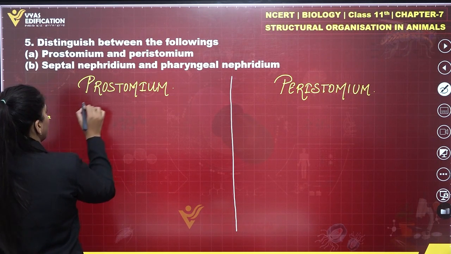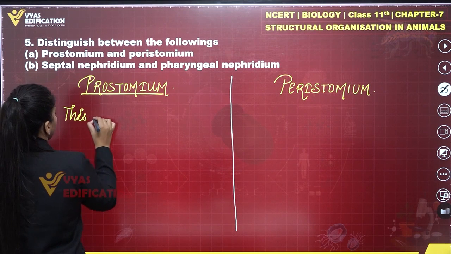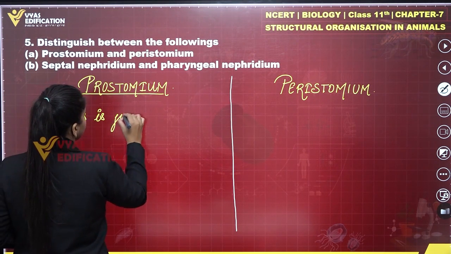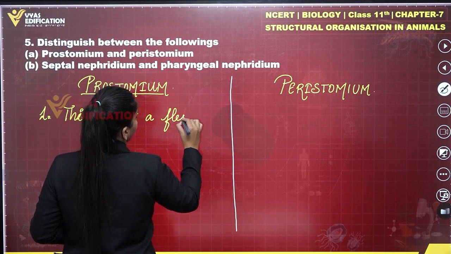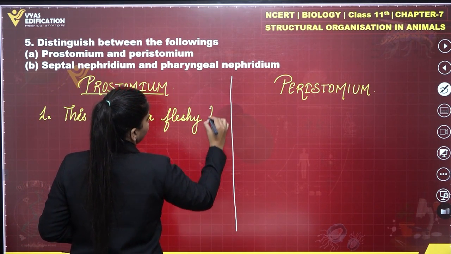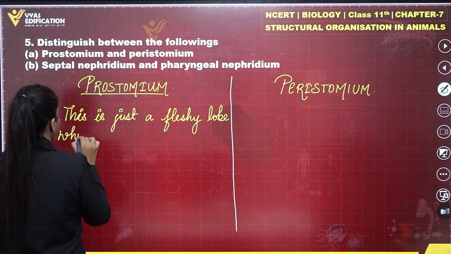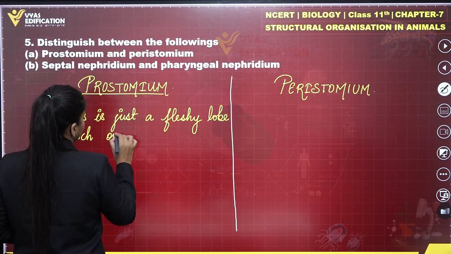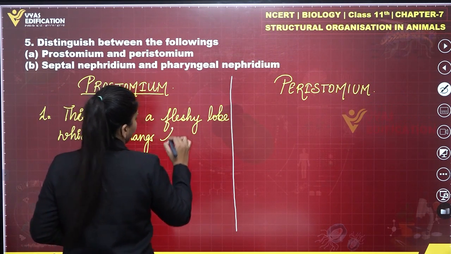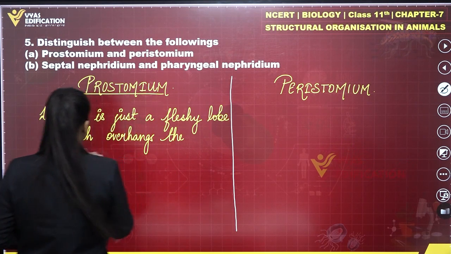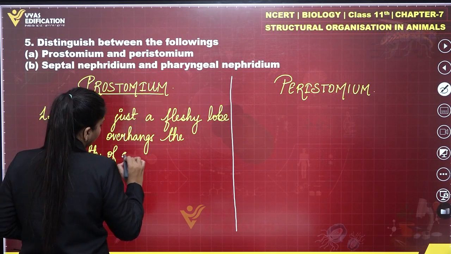So, we are going to write: this is just a fleshy lobe which overhangs the mouth of an earthworm.